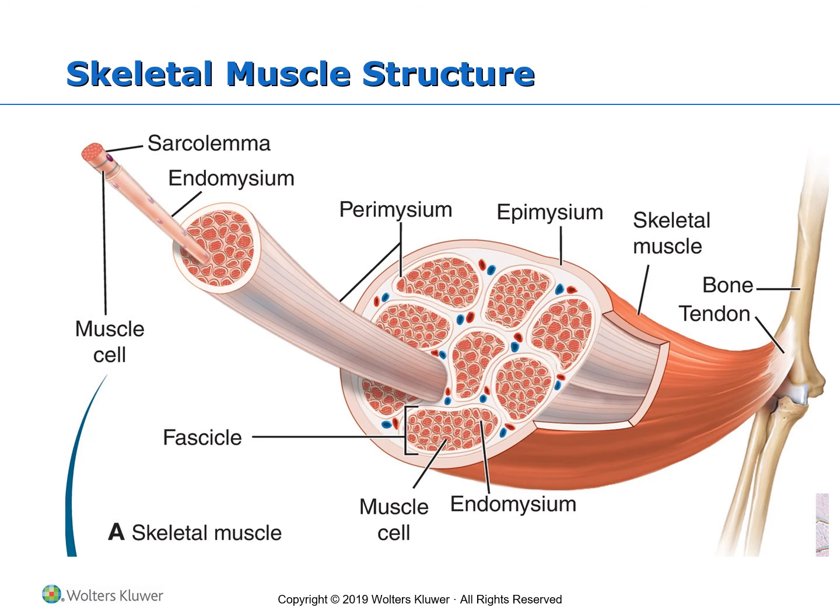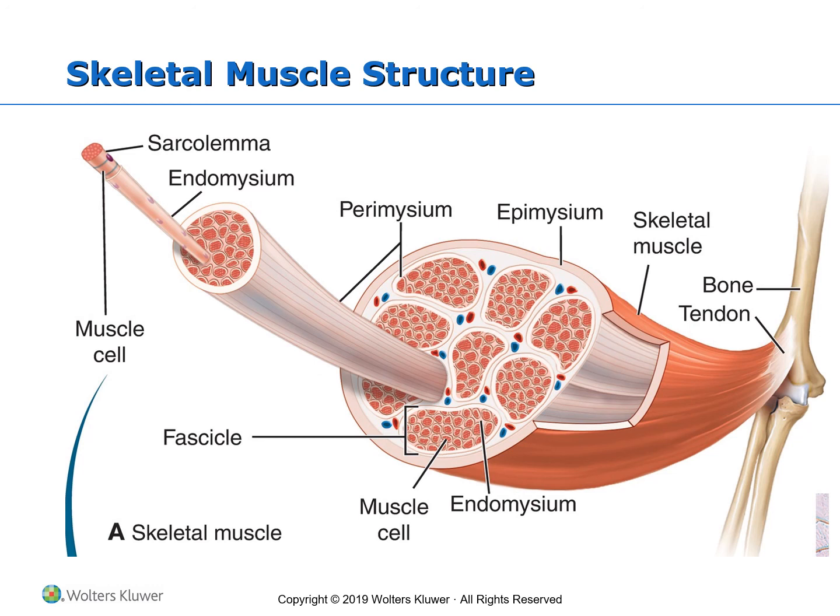So to review the structure, we have the bones that will connect through tendons to the muscles. The muscle will have on the outside the inside layer of the deep fascia, which is the epimysium that encases the whole muscle.